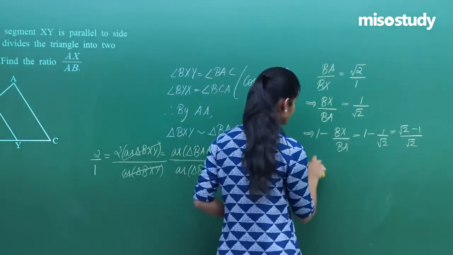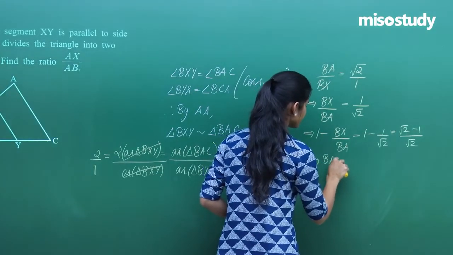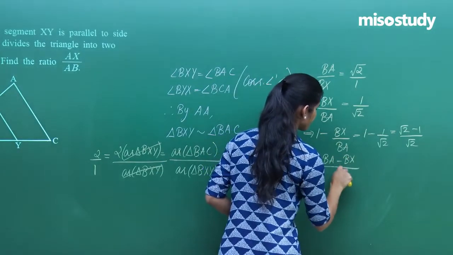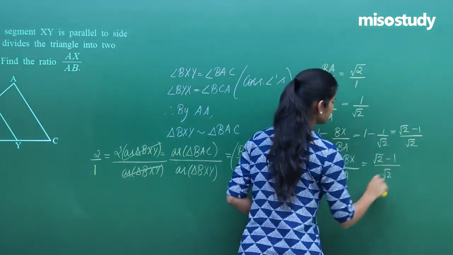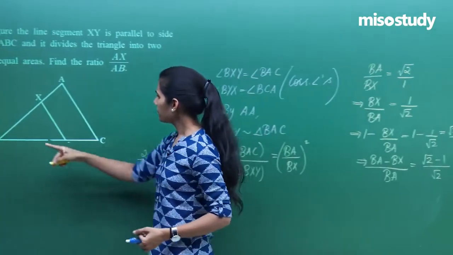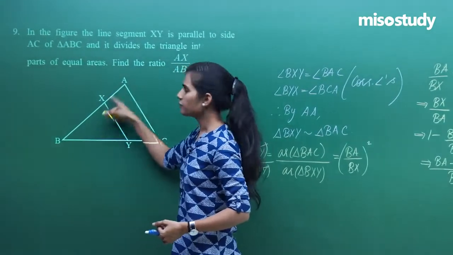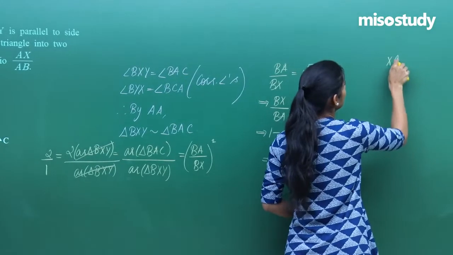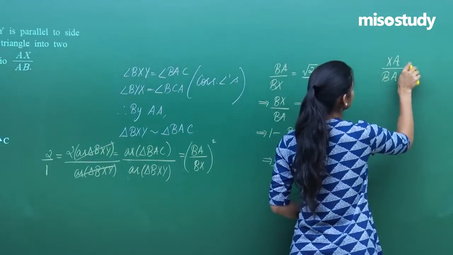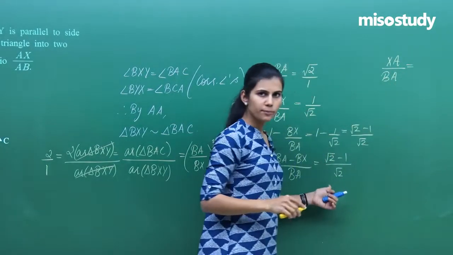What is BA minus BX? From complete BA you remove BX, you are left with AX or XA. So this upon this is equal to root 2 minus 1 upon root 2.